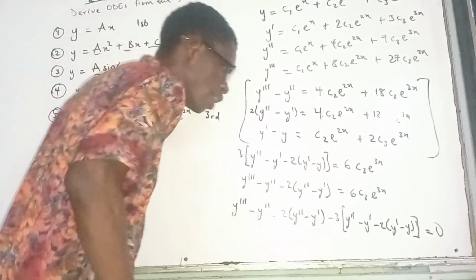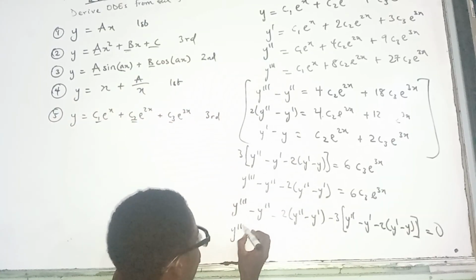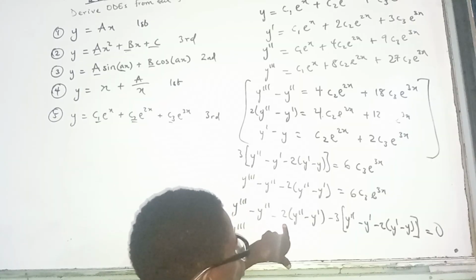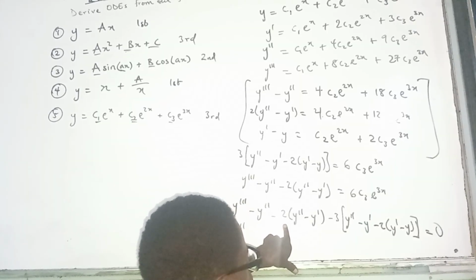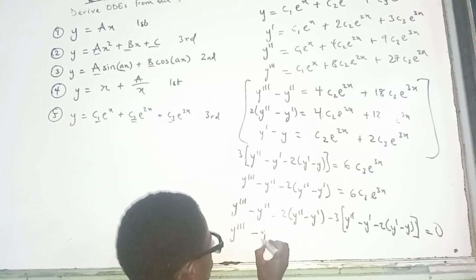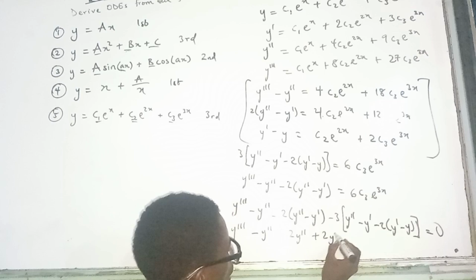So now let me open my ODE and simplify the final thing. So I'm going to have y triple prime. Now for y double prime, I have 1 here, I have 2 here, minus y double prime minus 2y double prime plus 2y prime.